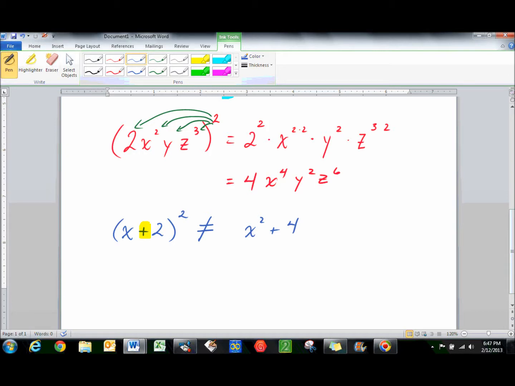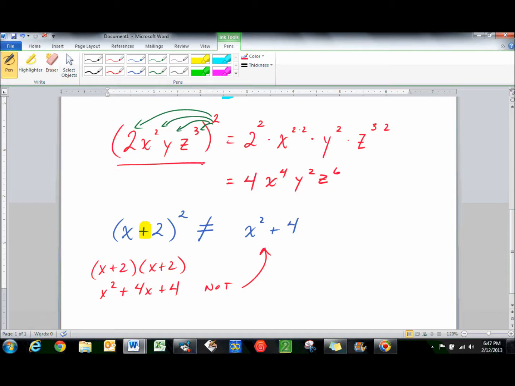Very important that you recognize that this is actually x plus 2 times x plus 2, which is x squared plus 4x plus 4, which is not x squared plus 4. So very important that you recognize the difference when there's an addition or subtraction operation between the parts in the parentheses, whereas in the previous problem up here there was multiplication, or it was just understood as multiplication, and then you can distribute that power to everything inside the parentheses.